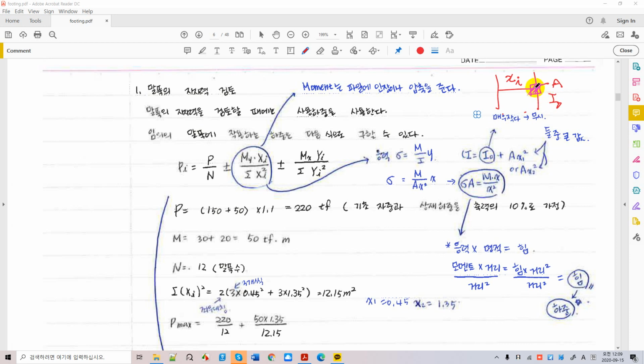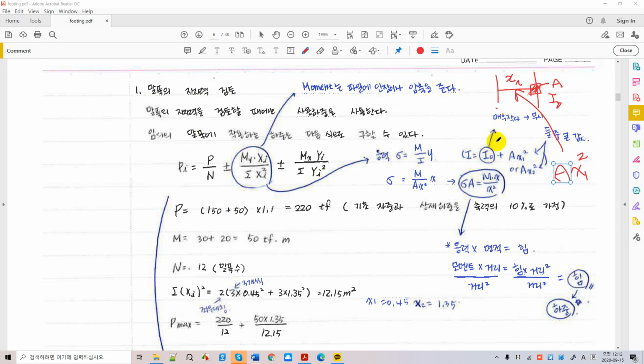Then we have to transfer this to the axis of moment of inertia, with the distance x1 and area of column A. Then we have to add an extra term, A x1 squared, to I0 to transfer the moment of inertia to the axis of moment of inertia, right?